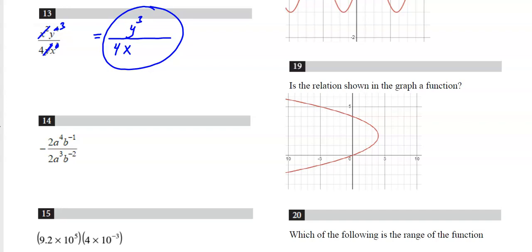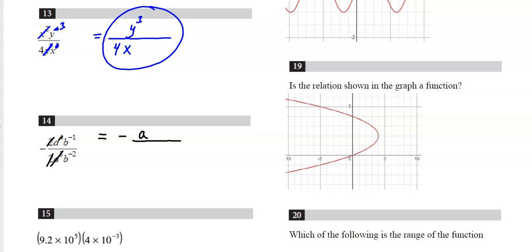All right, number 14, I see some negative exponents. So I'm going to fix those right away. So here we go. 2 divided by 2 just kind of cancels out. The a's are good. Right now I got 4 a's on top, 3 on bottom. The bottom ones are going to all cancel out and just leave me 1 a on top.